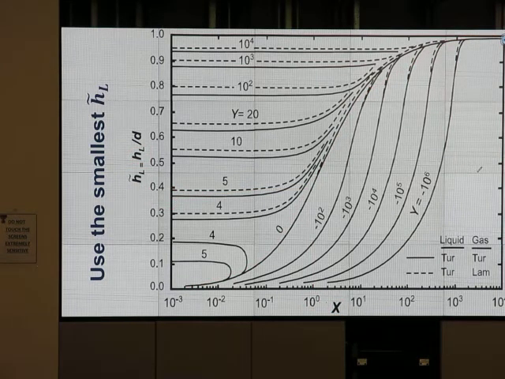What if my x equal to 0.01, or 10 to the power minus 2, and my capital Y equal to 4, slightly upward? I have two lines, actually three answers.